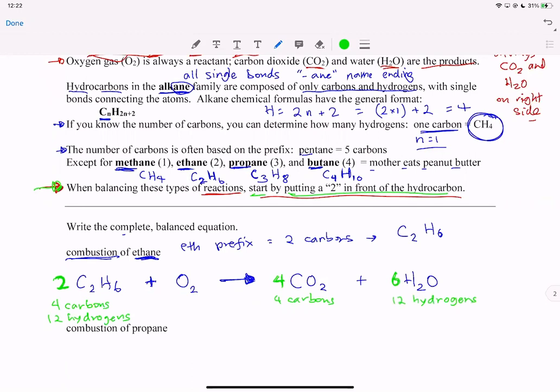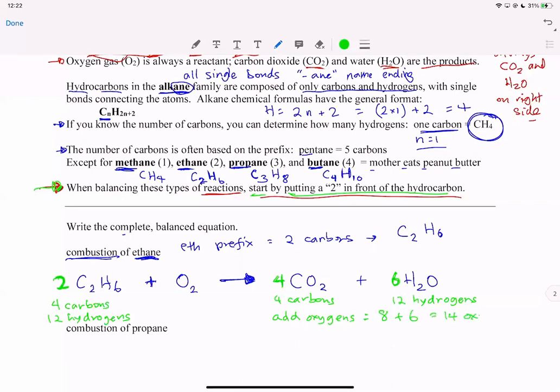Then I'm going to add up the number of oxygens between both the CO2 and the H2O. So this is going to be 4 times 2, or 8 oxygens from CO2, plus the 6 oxygens from H2O.